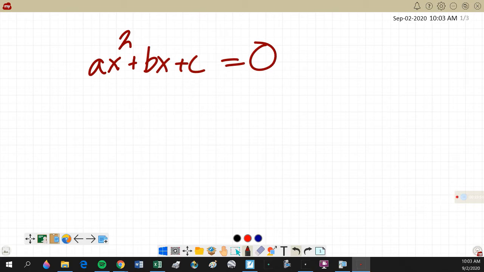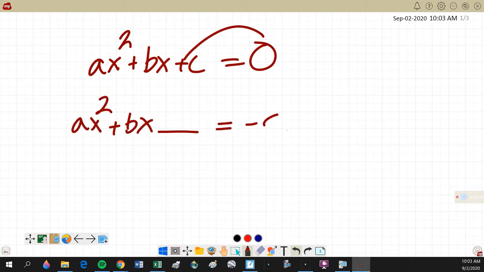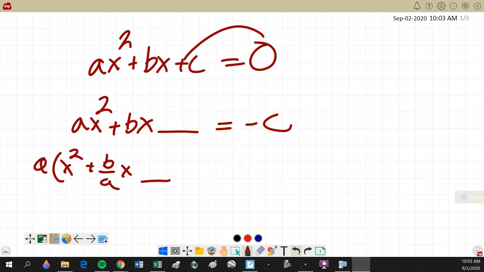So what you do, you move the c out of the way. Okay, and then you pull out the a. And how do you pull an a out of that? It's weird. And then you finish all the math, and it's kind of complicated.